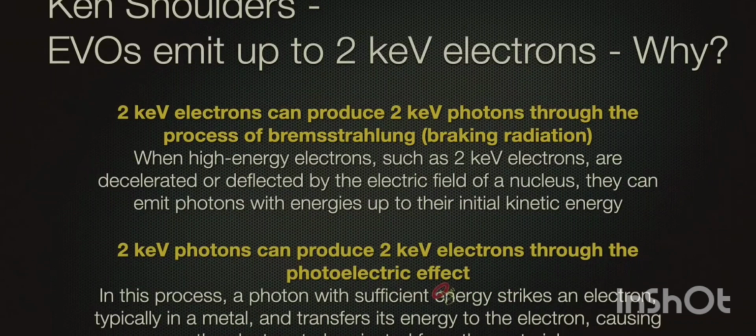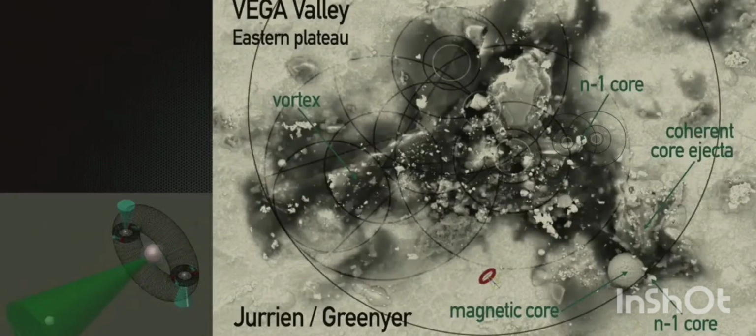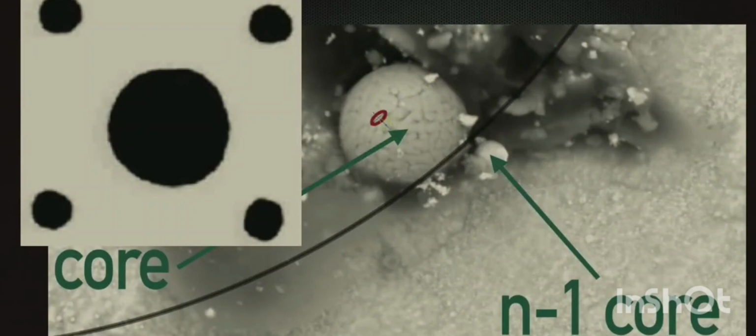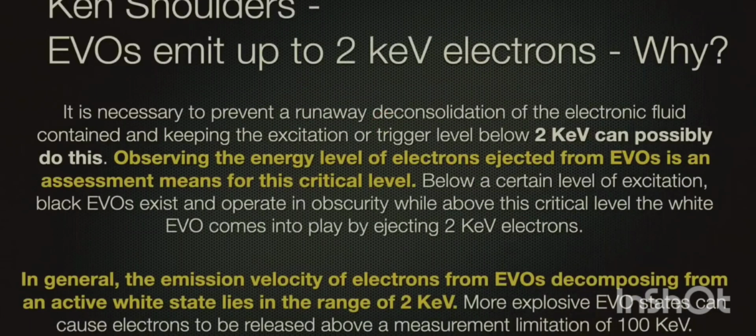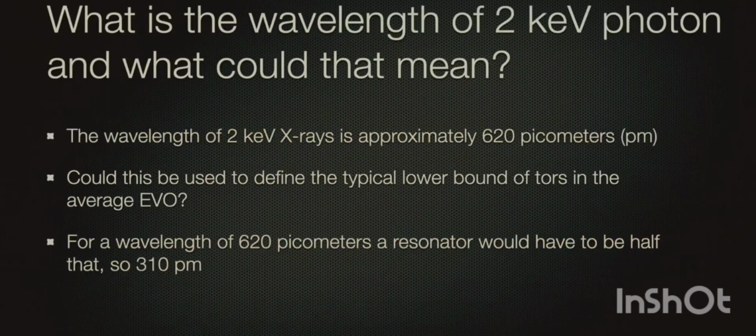We know there is metal in the center of these things, that is this metal, iron, and so the photons in that structure can hit the iron at 2 kiloelectron volts and produce 2 kiloelectron volt electrons, and the wavelength of 2 kiloelectron volt photons is approximately 620 picometers.